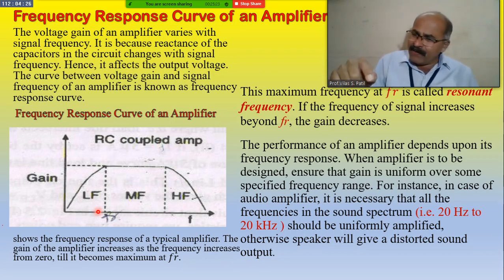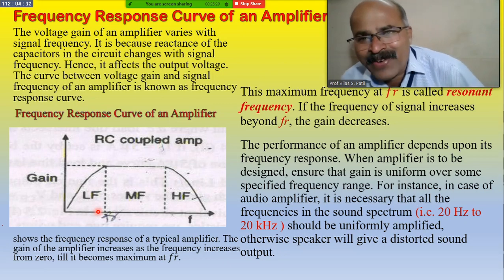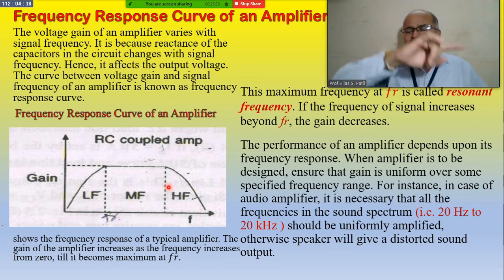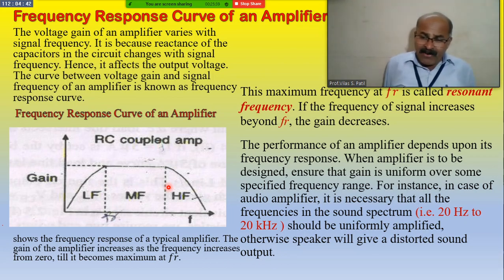And where the gain of the voltage decreases with increasing frequency, that will be known as the higher frequency band. Such a curve will be divided into three frequency bands: lower frequency, medium frequency, and higher frequency band. And this response curve will be known as the frequency response curve.